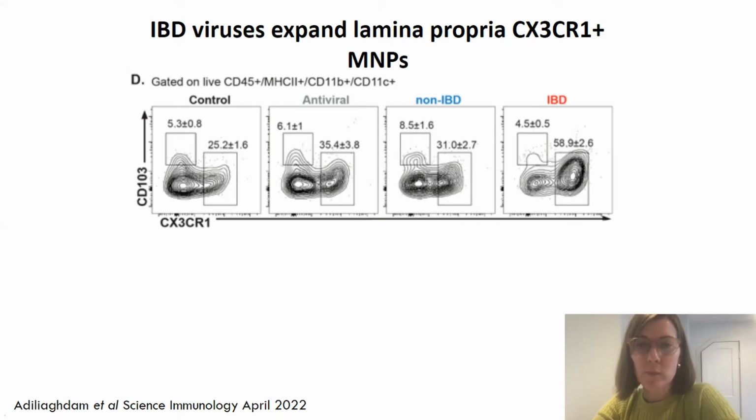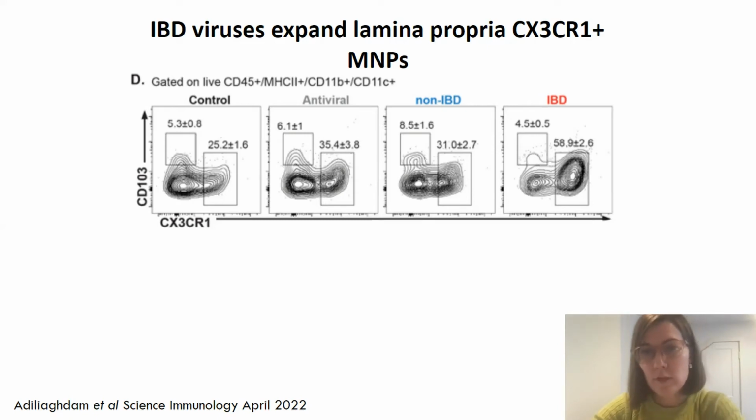So the first thing we asked was: was there any spontaneous ability of these viruses to affect the host immune system? And so we took lamina propria immune cells after the gavage and looked whether these viruses were capable of changing immune cell populations in the lamina propria of these mice.